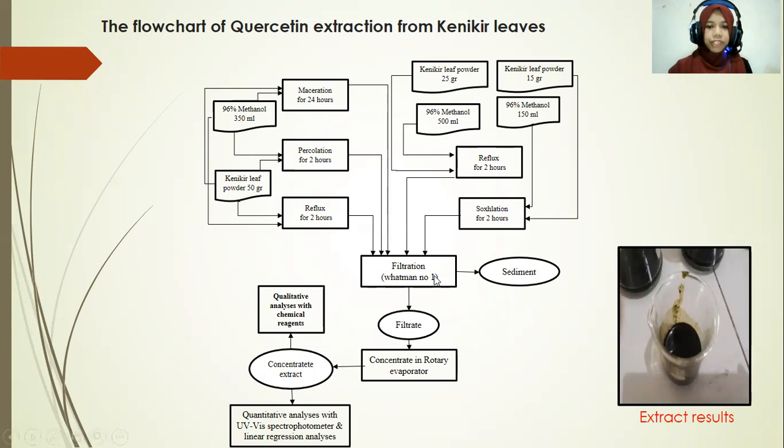With filtration, we get a filtrate and sediment. The filtrate we concentrate in the rotary evaporator and we get a concentrated extract. For the concentrated extract, we do qualitative and quantitative analysis. This is the result from the extract.